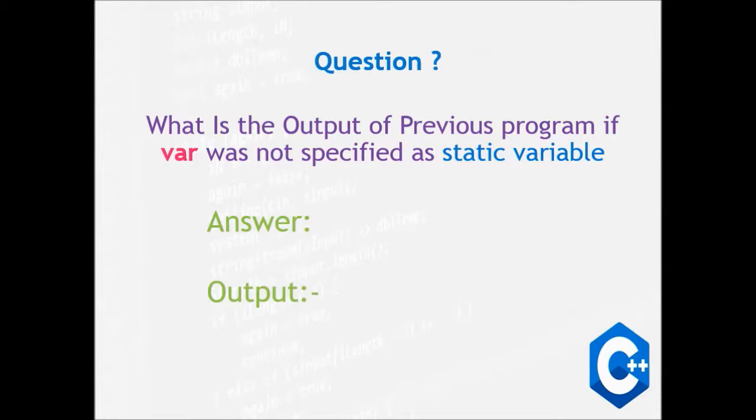The output of the previous program is 1 1, because it becomes a local variable, and whenever we end our test function its value is destroyed, and every time we call the function test it is created from the beginning with the initialized value 0, so it shows us the output 1 1.